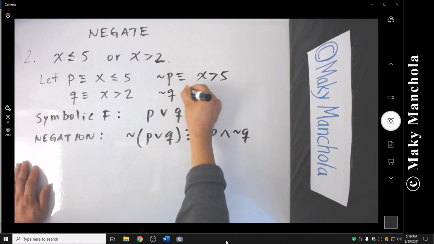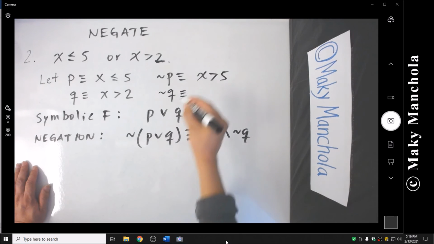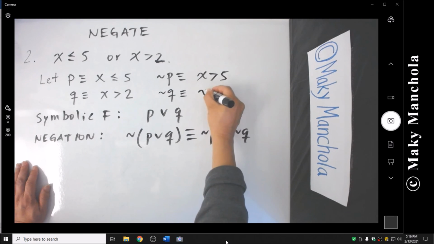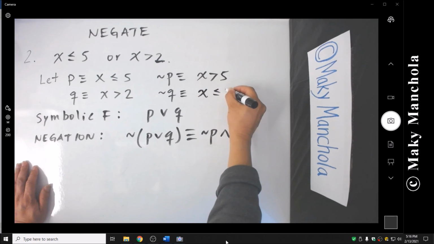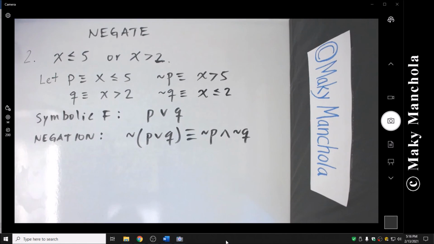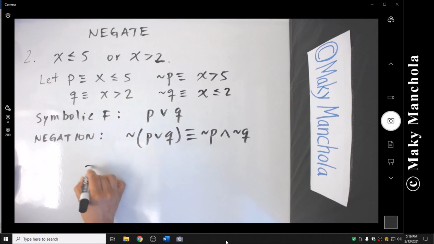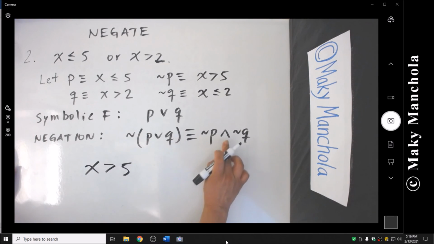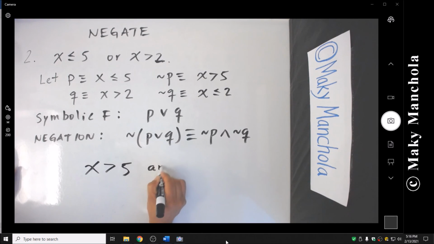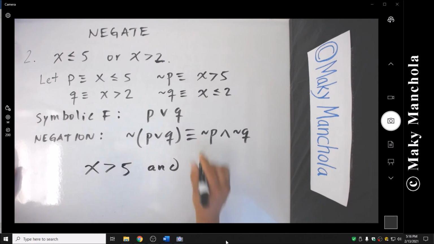The negation of it has to be that x is not greater than 2. In other words, x is less than or equal to 2. Okay, so now we have negation of P, x is greater than 5, and negation Q, x is less than or equal to 2.